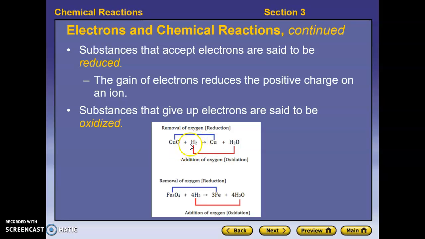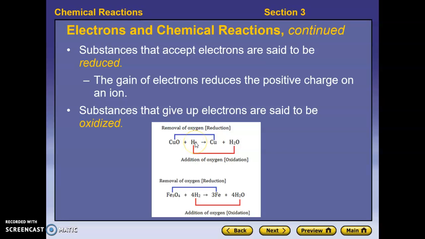If we look at the hydrogen as neutral on the reactant side, because it's an independent element, and then we look at it in a compound on the product side, it's positive on the product side because it's starting out the formula. It's the positive ion.